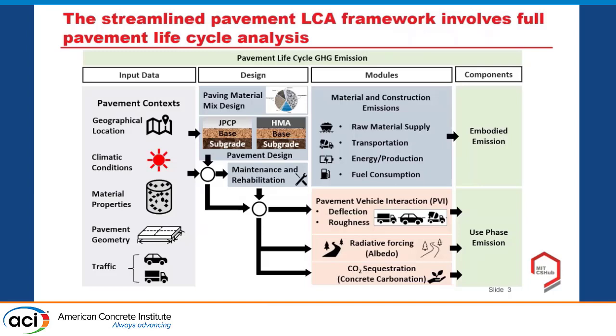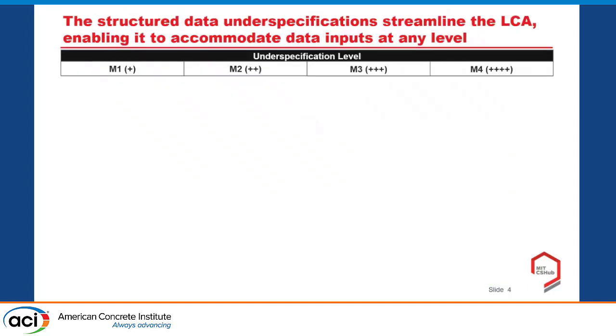So we want to streamline this pavement LCA, as we saw in the previous table. So how do we do that? We have developed this so-called structured data and specification framework to streamline this pavement LCA framework. As we can see from the top, there's a plus that indicates the data requirements you need to provide.